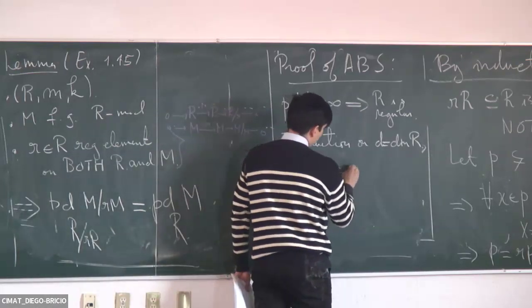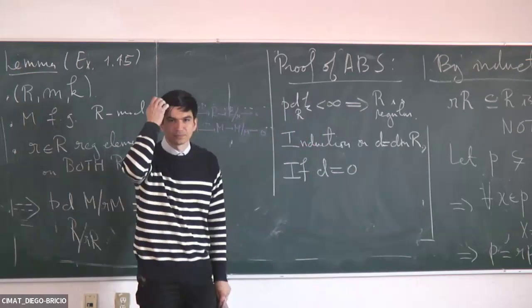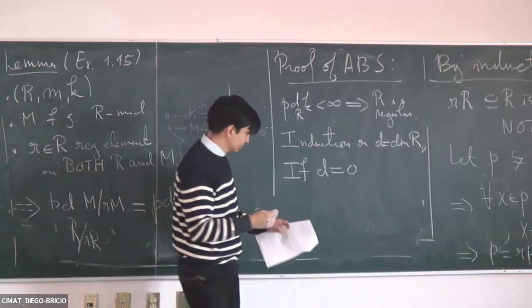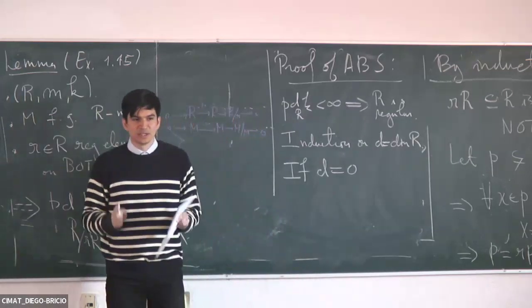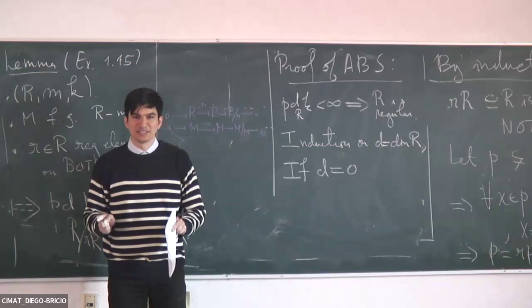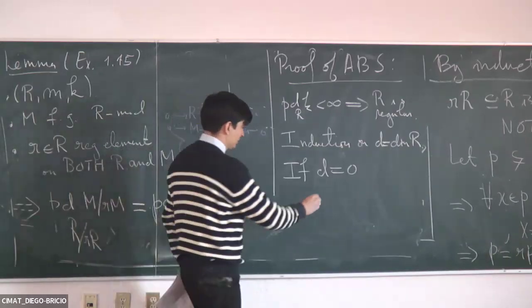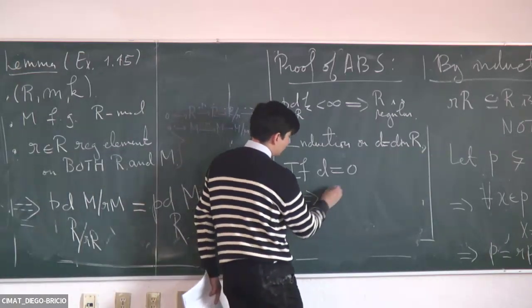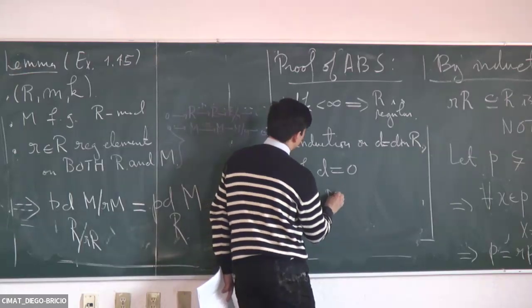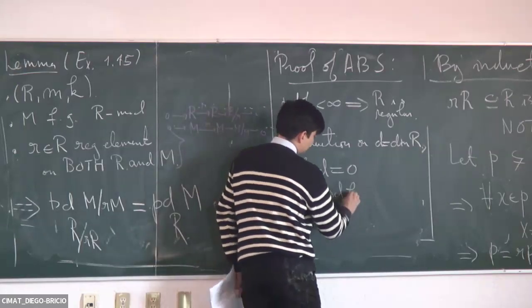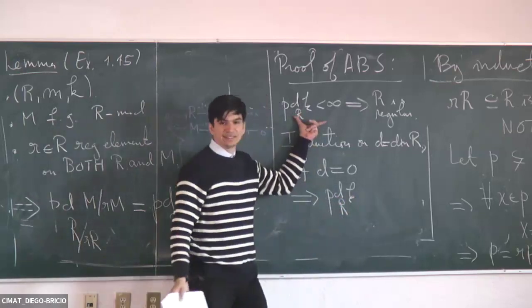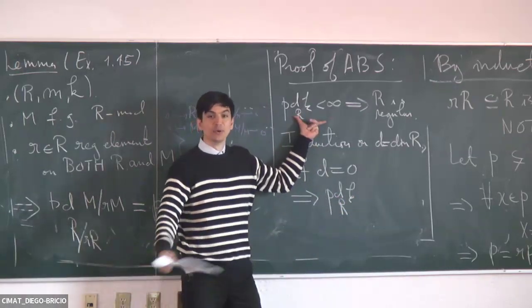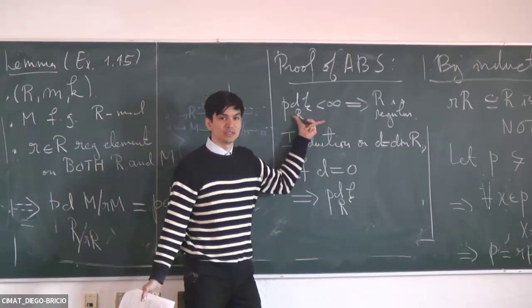If d equals 0, what does the Auslander-Buchsbaum formula say about the projective dimension? Since this is finite, we can apply the Auslander-Buchsbaum formula, right? That's the hypothesis of it.